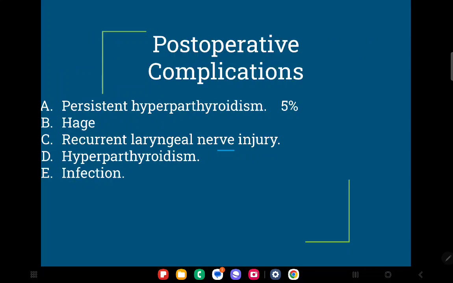Secondary hyperparathyroidism or hyperparathyroidism itself can occur later on. Infection of the incision, like any other operation, hemorrhage and infection can occur, and this has to be clearly investigated.